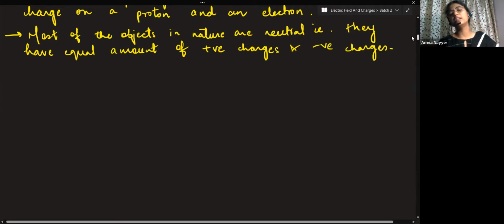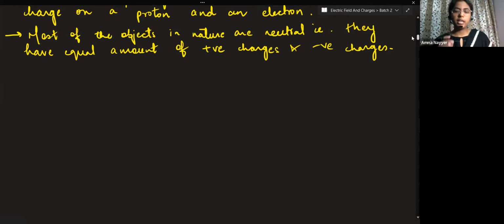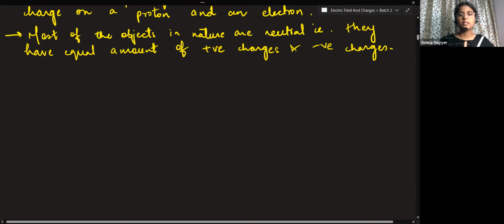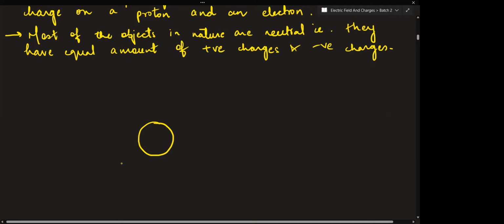See, the major part of the structure of the atom you have already studied in your chemistry. For your physics, if I tell you the structure of an atom, tell me what is that central part known as? The central part? Nucleus. Right, nucleus.